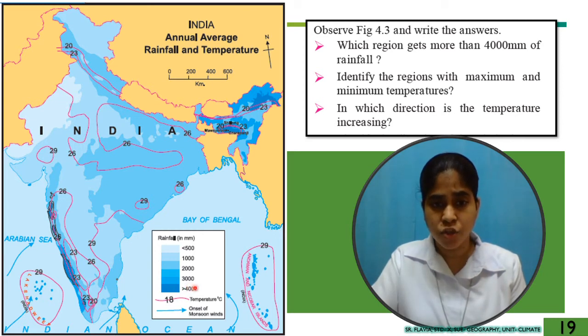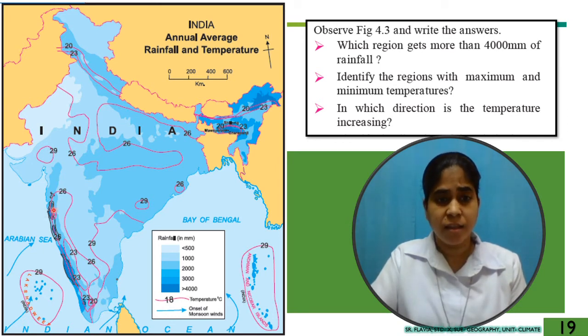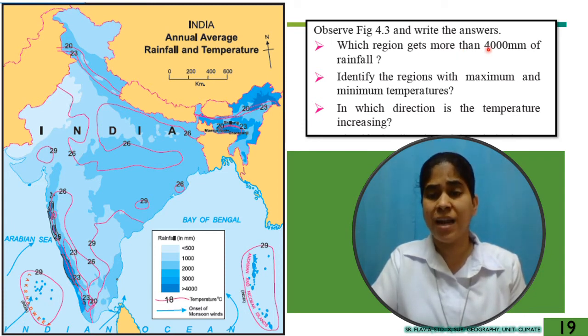This symbol shows you greater. Now look at this place and this place. You have in these two regions the darkest shade of blue. So the answer is the south-western coast of India, and in the northeast of India, these regions get more than 4,000 millimeters of rainfall every year.